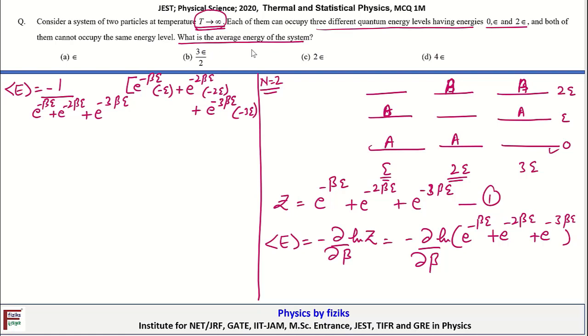Upon rearranging all the terms, we obtain the average energy. We can take E outside. Here we have a negative sign in each term and one negative sign outside, so negative will become positive.